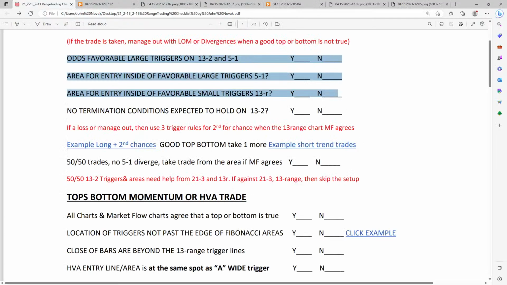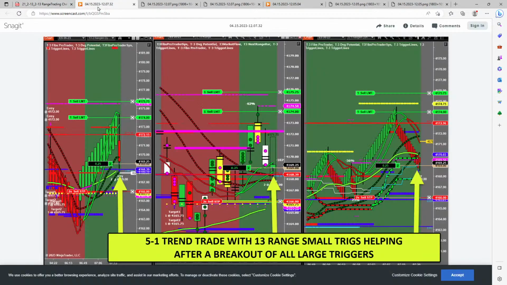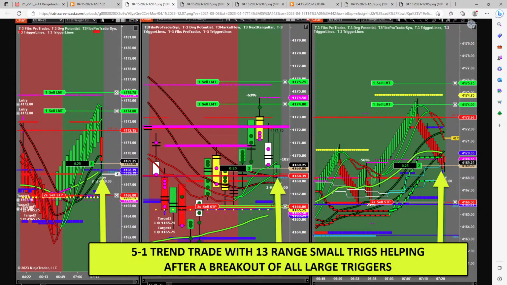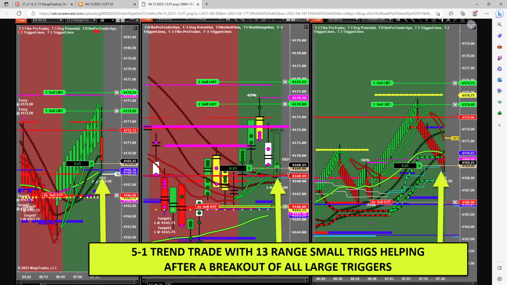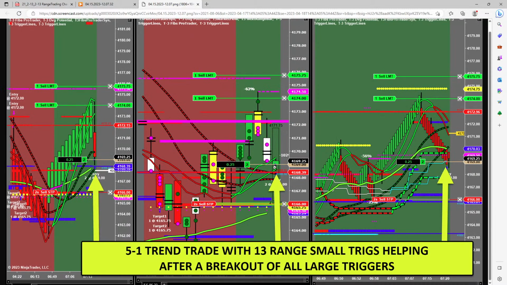So let me pull it back up. So does that make sense? So let's look at the picture together. It's a 5-1 trend trade just like you normally know, right? Nothing has changed. But look at the small triggers over here on the 13 range chart. Are those helpful triggers on the 13 range chart?